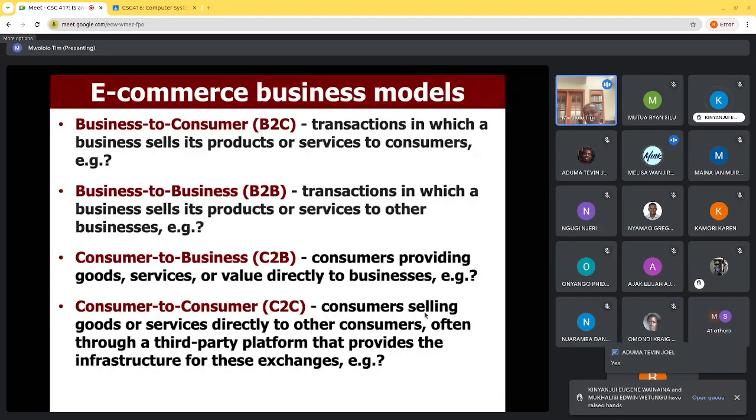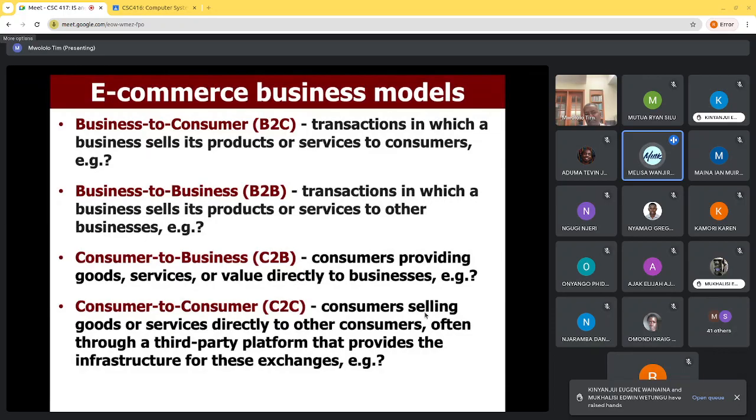You are selling your talent. Or people who crowdsource data or do online surveys, so companies are paying consumers for their opinions or data or participation in market research. Yeah, perhaps, you can do that. What about consumer to consumer, customer to customer?